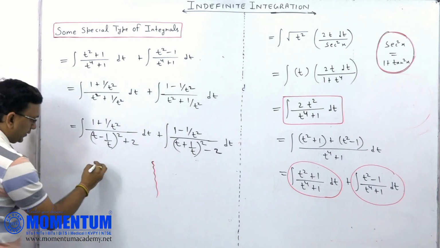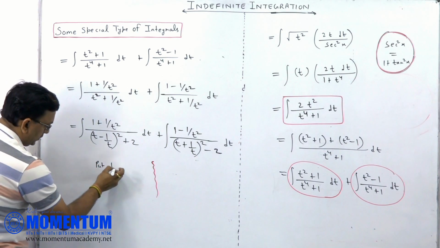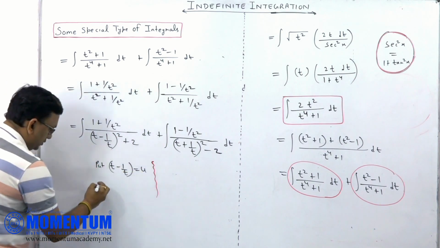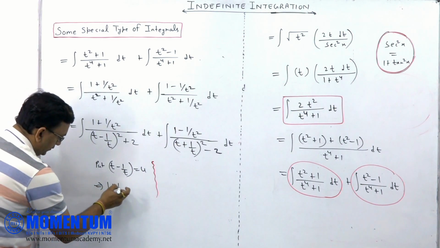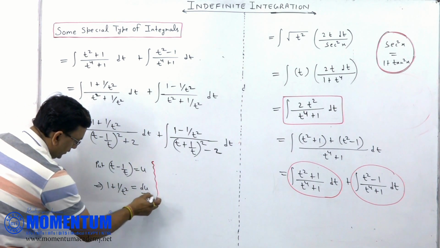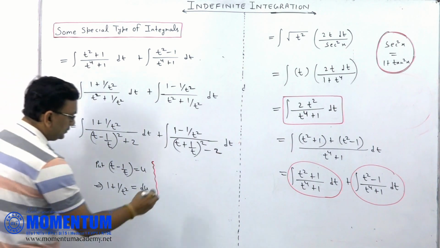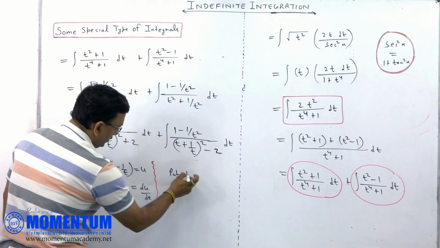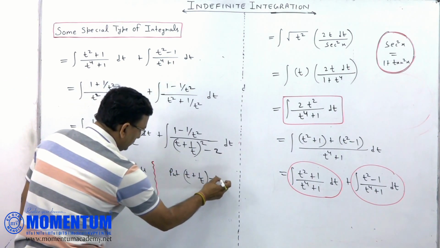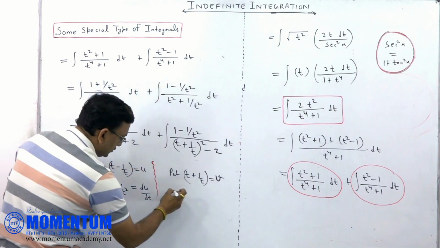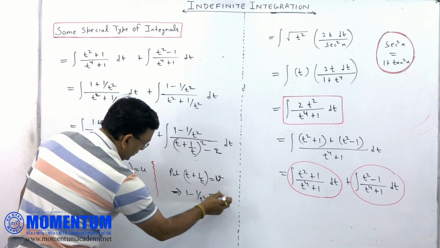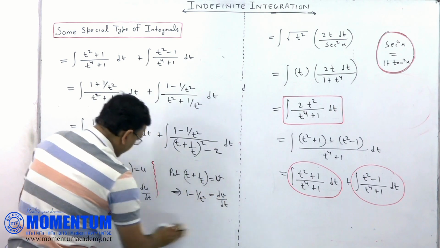Now substitution. t minus 1/t is equal to u. So it will give 1 plus 1/t square is equal to du by dt. Here t plus 1/t is equal to v. So 1 minus 1/t square is equal to dv by dt.